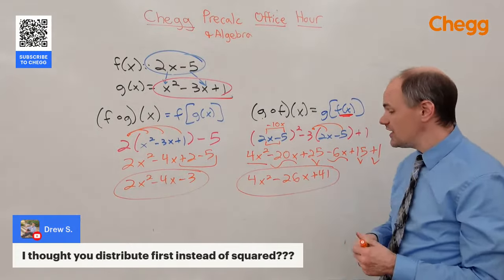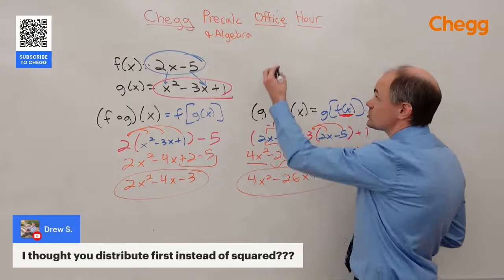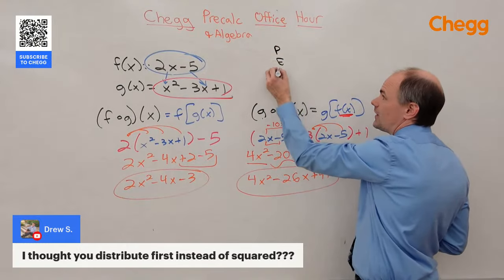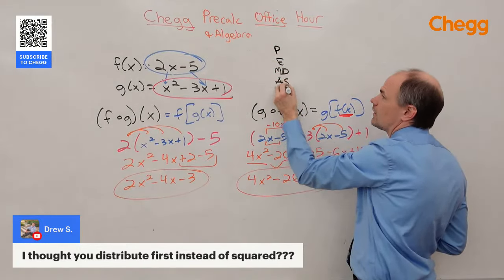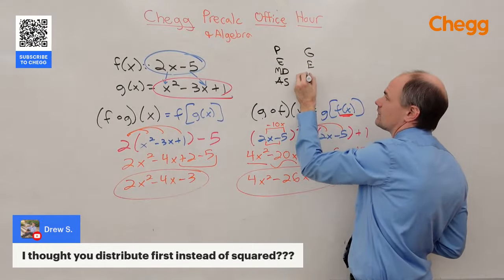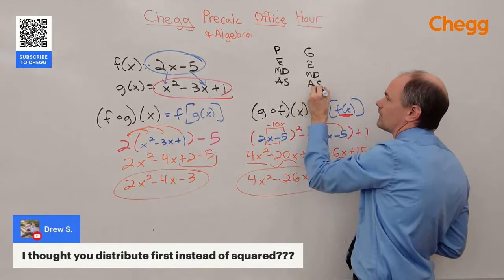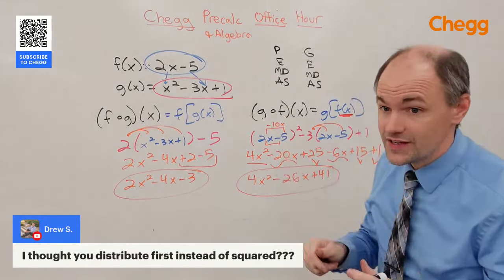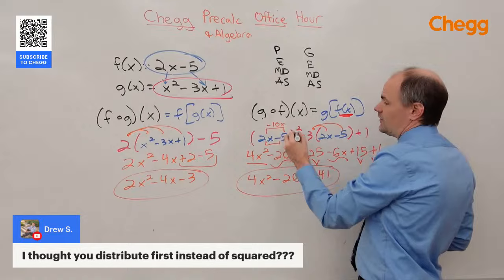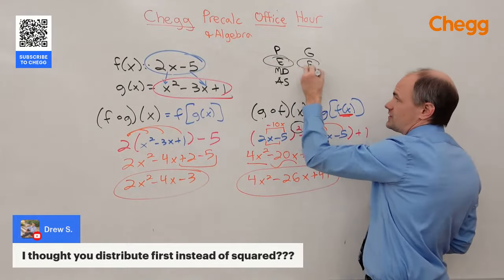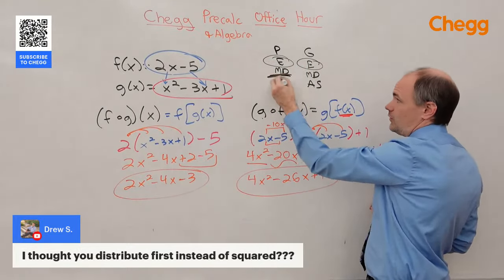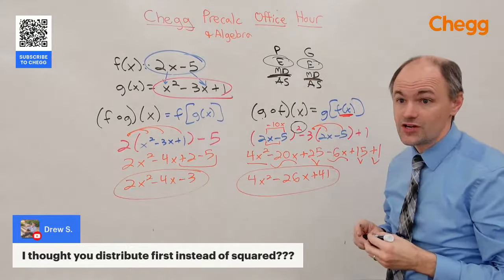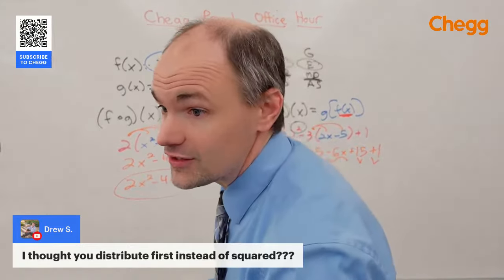It's order of operations, which depending on your textbook, you either have PEMDAS or GEMDAS. P means parentheses, G means grouping symbols. They're both kind of saying the same thing. But the squaring is the exponent step that happens before the multiplication and division step. So we want to make sure we get those in the right order.